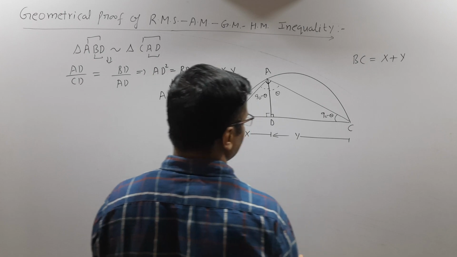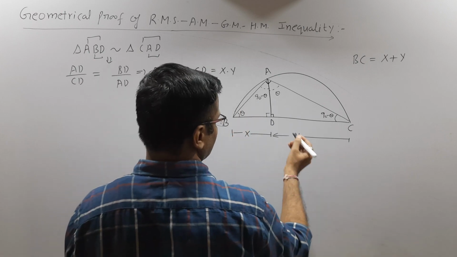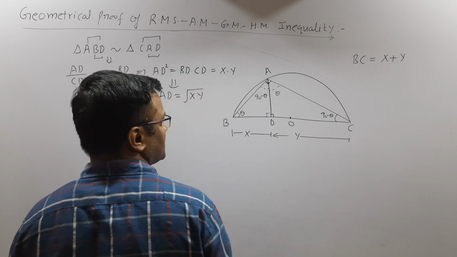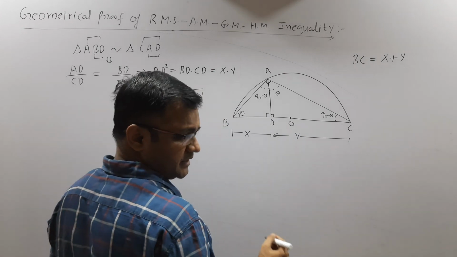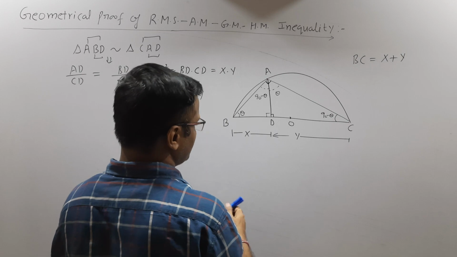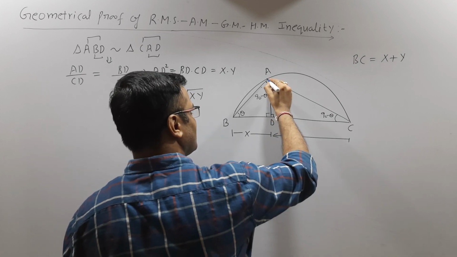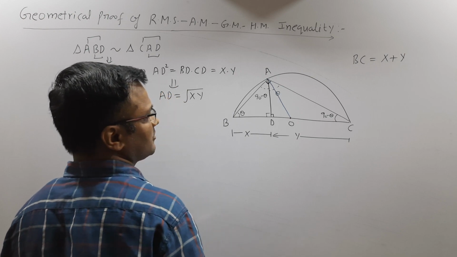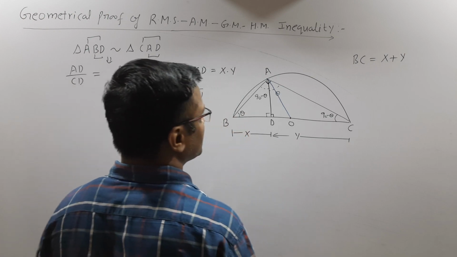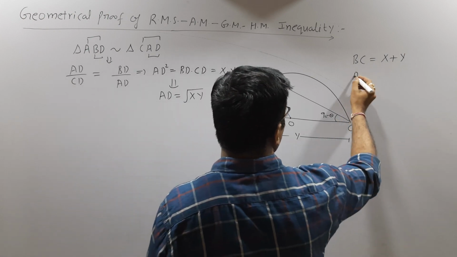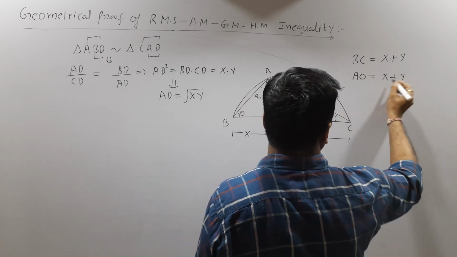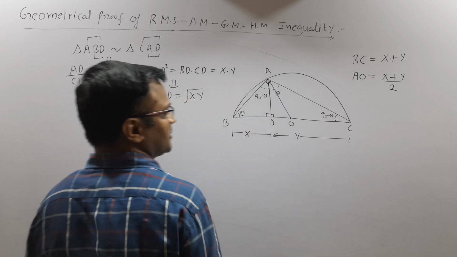Okay. And if we mark the center of the semicircle, suppose O is the center, and we connect A with O, then obviously AO is the radius of the circle, so AO is half of the diameter, that is (X plus Y) upon 2.